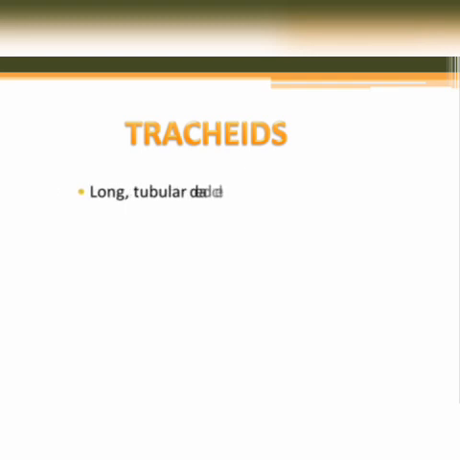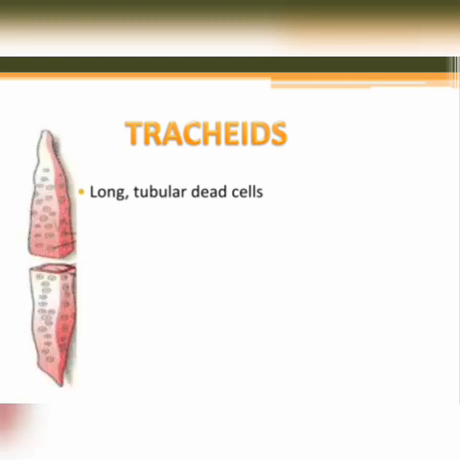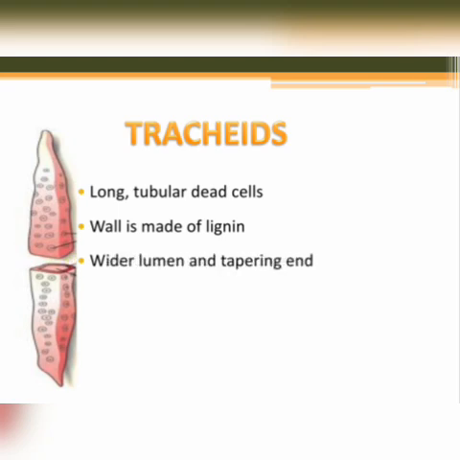Now, let us start with the first element, that is tracheids. These elements are long, tubular, dead cells, and their walls are made up of lignin. As you can see, the structure clearly indicates the long, tubular-like structure. These structures have wider lumen and tapering ends.